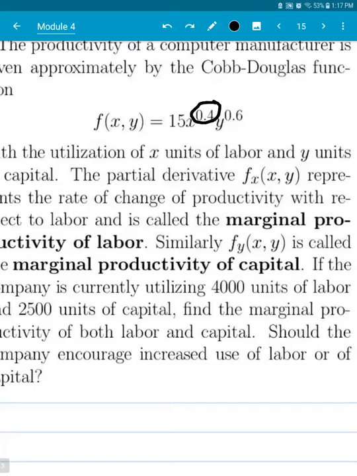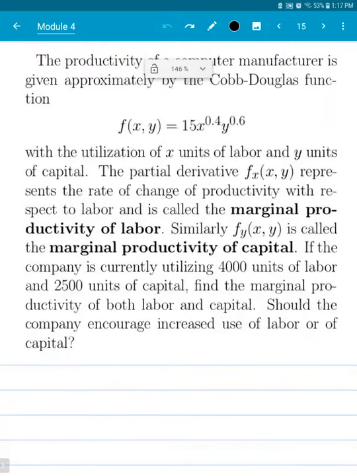The power of x represents the elasticity of labor, or x, and the power of y represents the elasticity of capital, which is y.